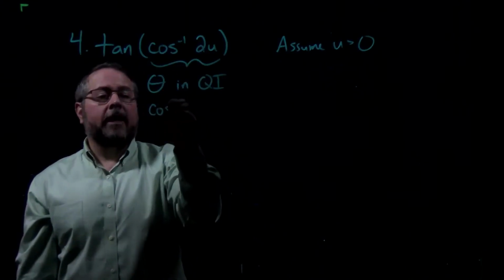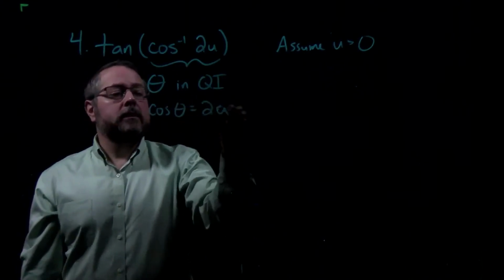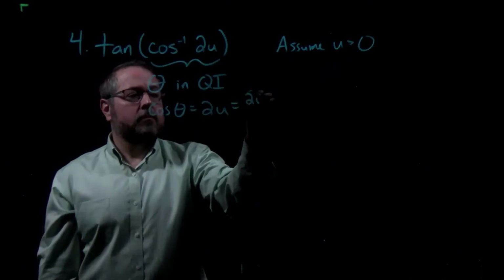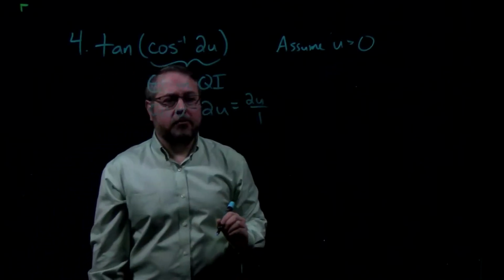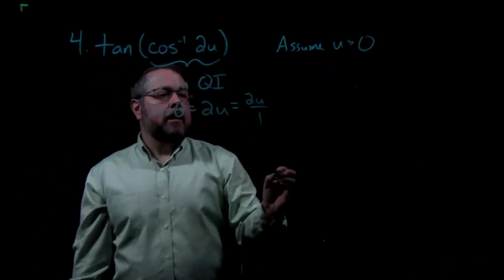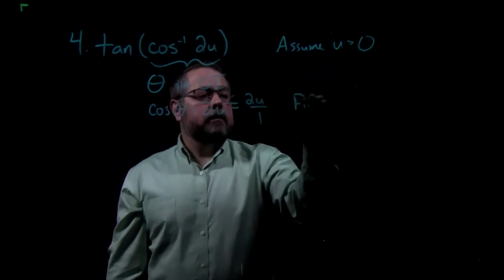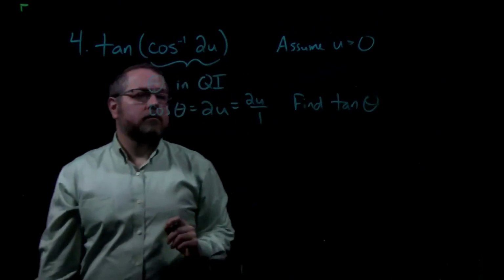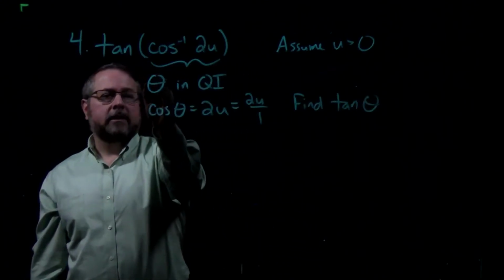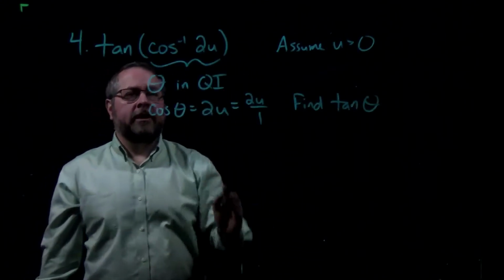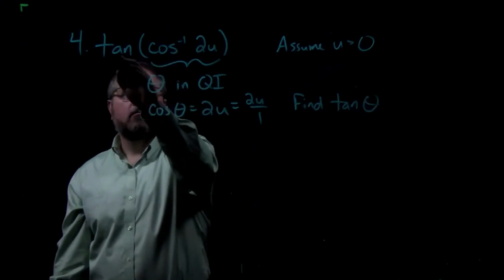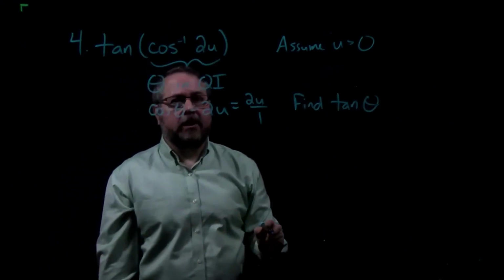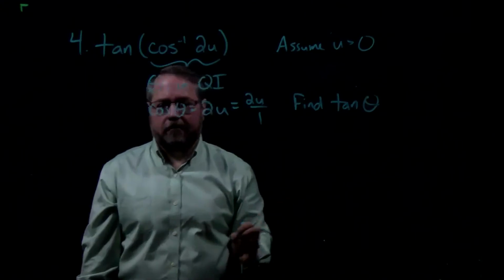And the cosine of that angle is 2u, which is the same thing as 2u over 1. And what we're trying to find is the tangent of that angle. Okay, because again, theta is what we're calling the inverse cosine of 2u. We want to find the tangent of the inverse cosine of 2u, or the tangent of theta.